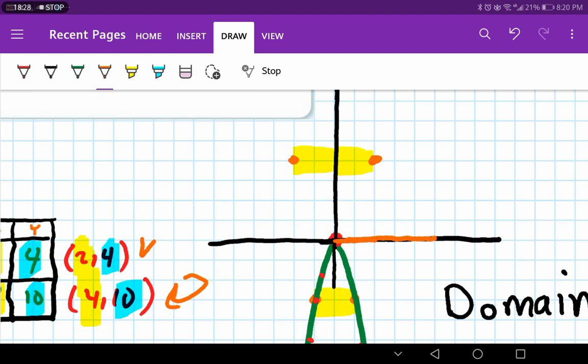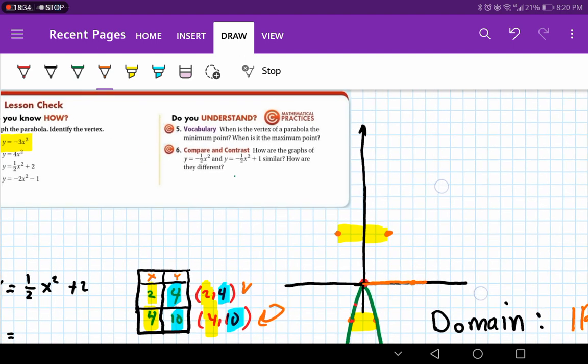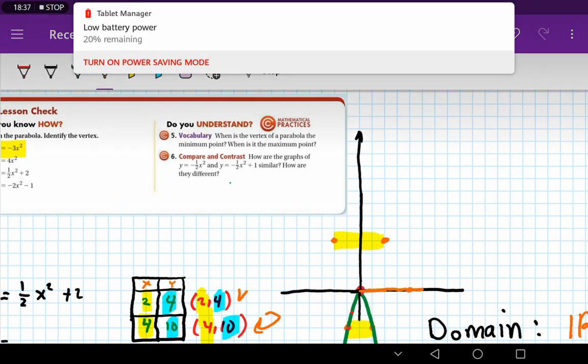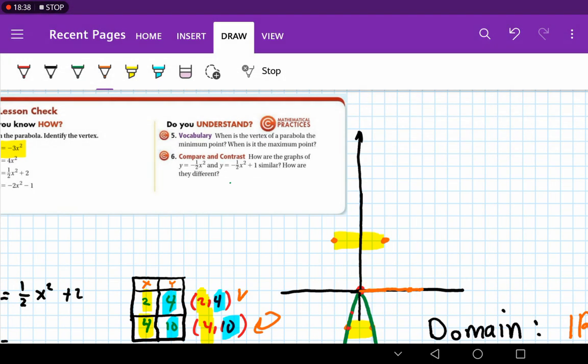4: 1, 2, 3, 4, it is 5, so this is 4. And for 10, I have to move up 10 steps. Oh, sorry for that, please. 1, 2, 3, 4. It will be here. Oh my God.